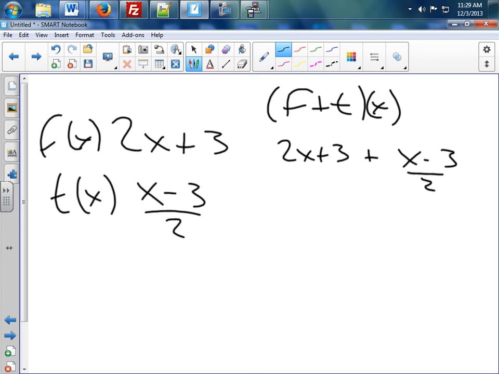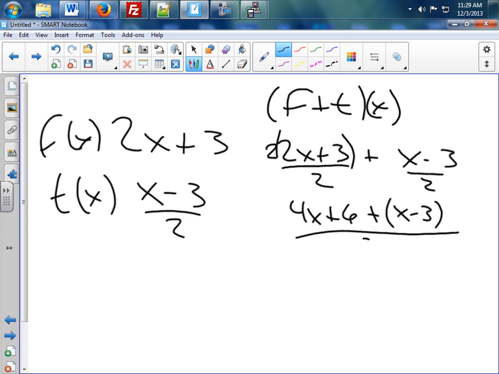So I would multiply the top and bottom by 2. Bring that through: 4x plus 6 plus, I always put parentheses there, over 2. And then I would say, well, 4x plus x is 5x. 6 plus a negative 3 is positive 3. And I wouldn't go any farther than that.